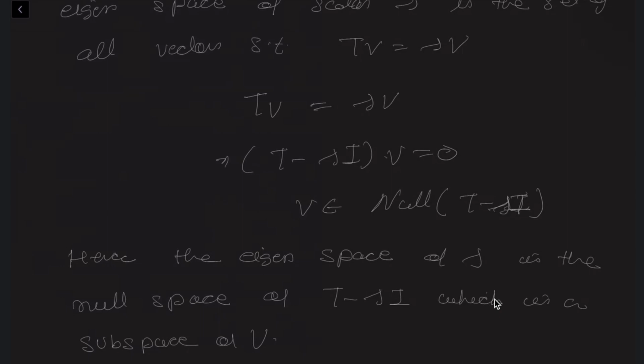We call it an eigenspace because it is actually a vector subspace of the vector space V.